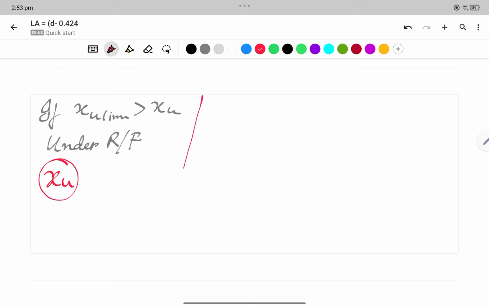If XU is greater than XU limiting, then it is over reinforced. IS 456 restricts us from using an over reinforced section.